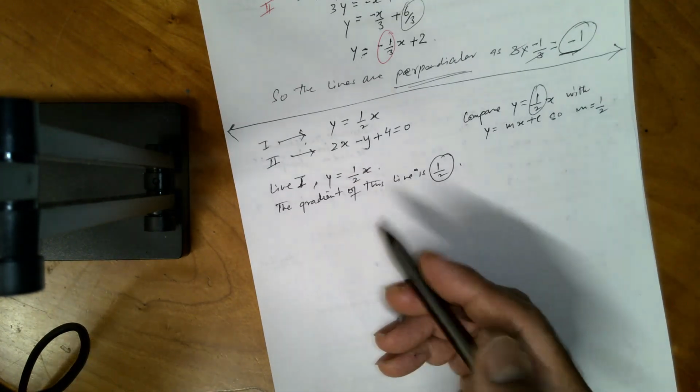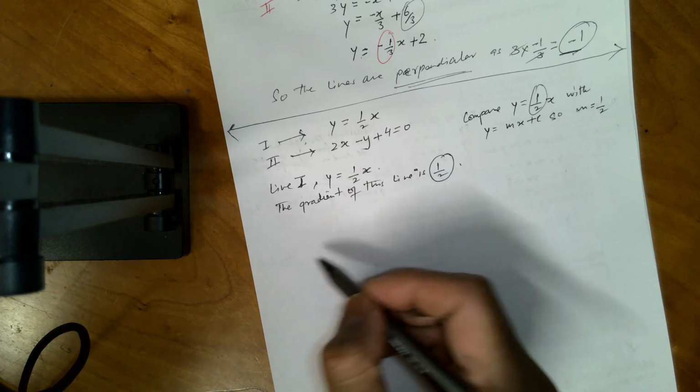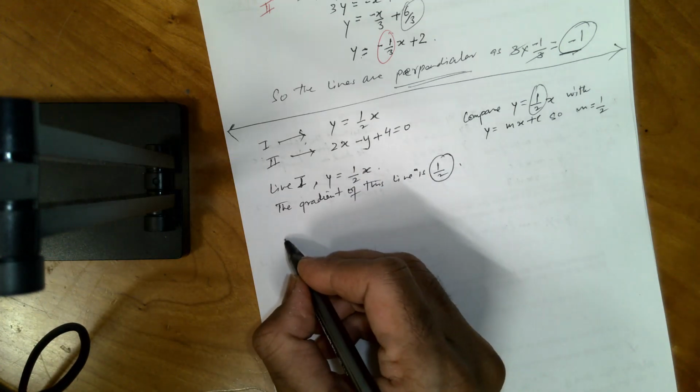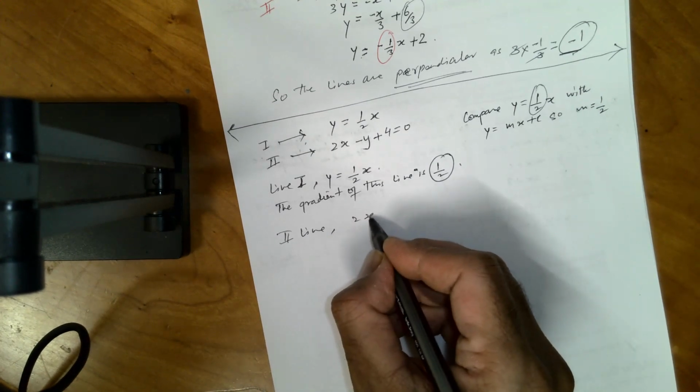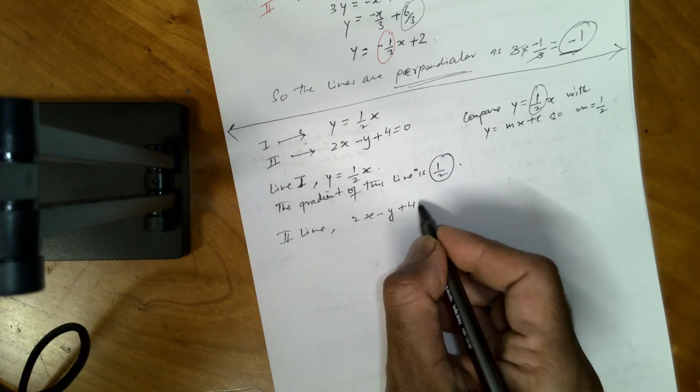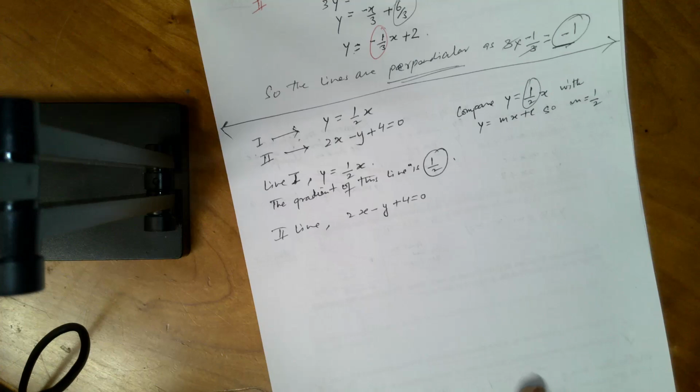Then we bring in the second line. The second line is 2x minus y plus 4 equal to 0.